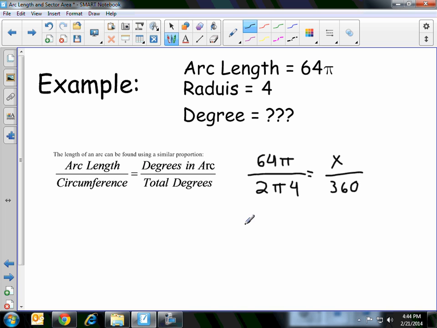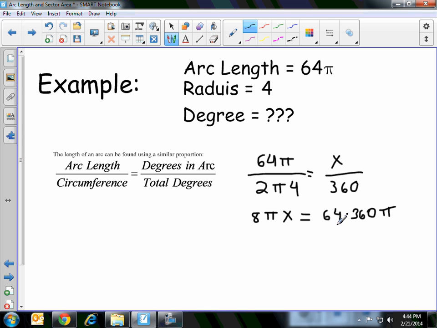I cross multiply here. Again, I usually do my x first, so 2 times 4 is 8 pi times my variable, and that's equal to 64 pi times 360. So again, it's 64 times 360, because I generally put my pi at the end.